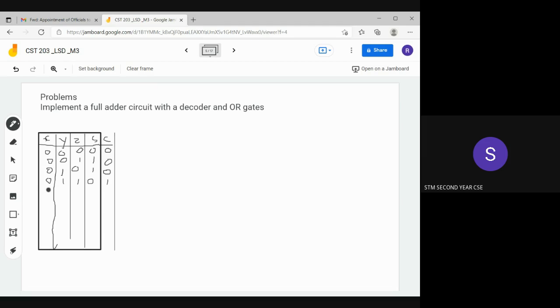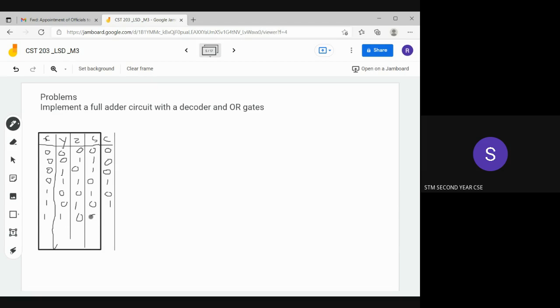Then next 1, 0, 0. Here sum is 1, carry 0. Okay, then next 1, 0, 1. Here also sum is 0, carry 1. And 1, 1, 0.